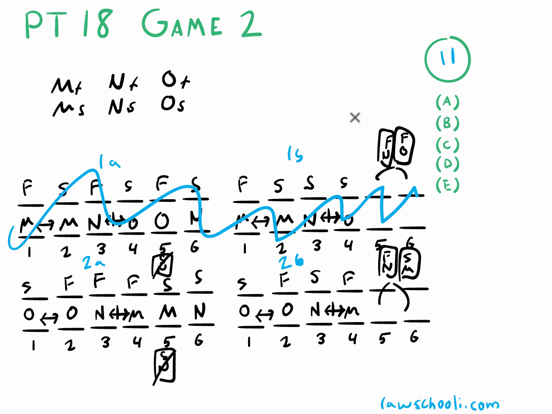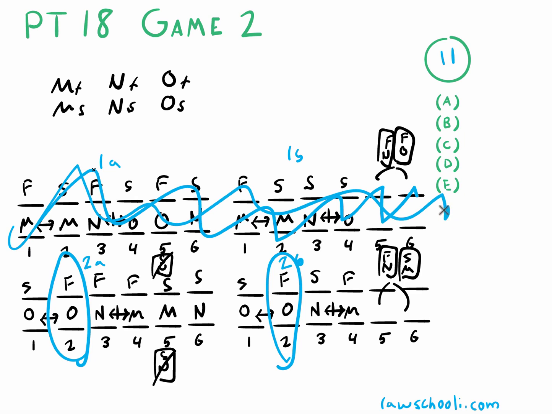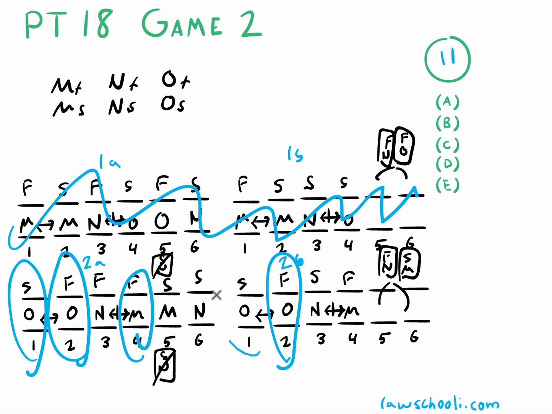Okay, for 11, if FO is in 2, then how many of the remaining folders do we know exactly what's in them, is what this is asking. So we need to find the other two that are the same between these two pictures down here, because this scenario up here is not applicable, right? So we know this is the same in both drawings, this is the same in both drawings, so that's it.